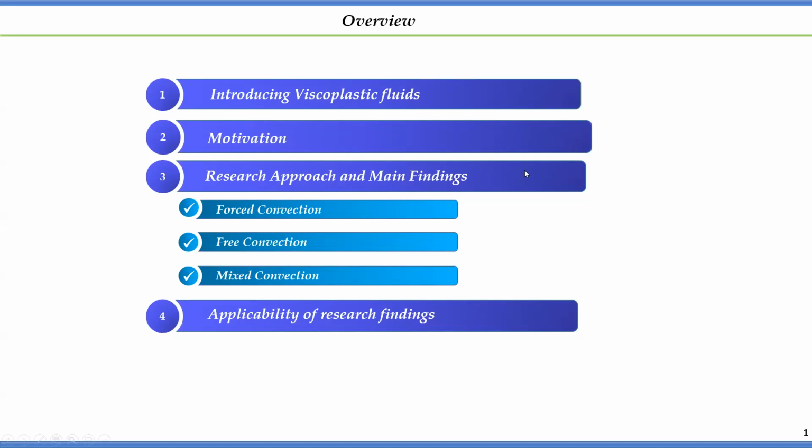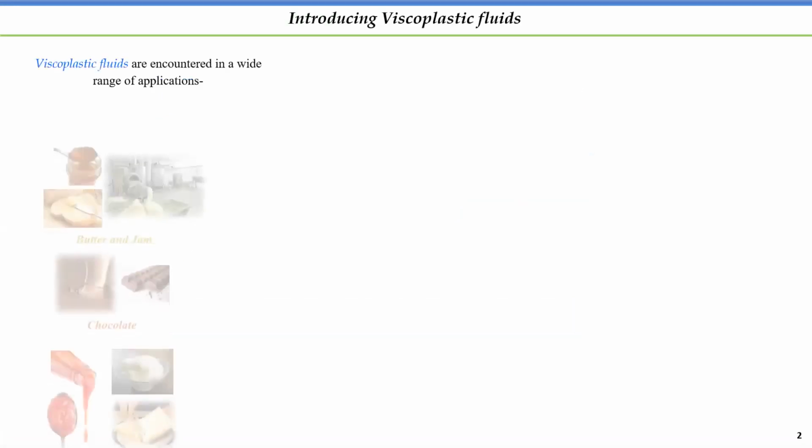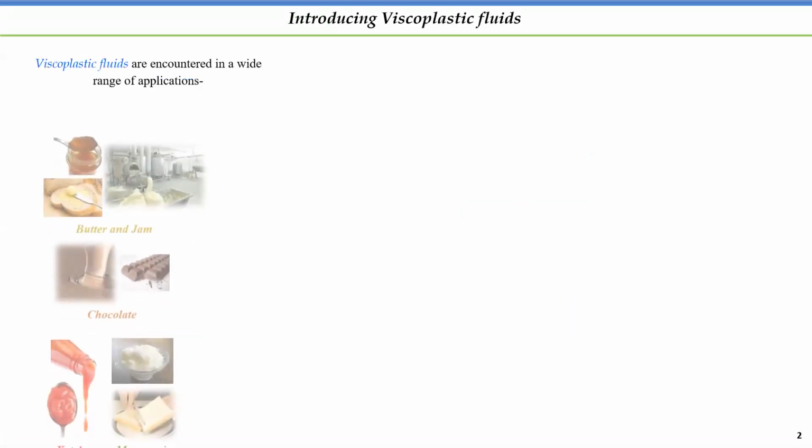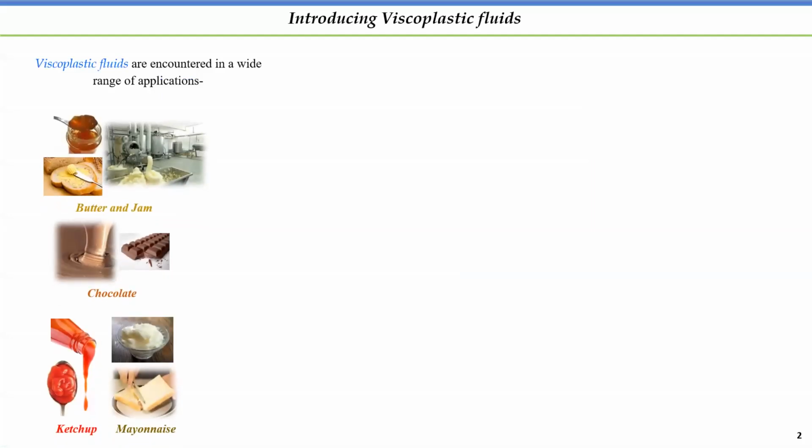So let us start by introducing our viscoplastic fluid, which is called a complex fluid. This is the type of fluid which is frequently encountered and experienced by you in day-to-day life, in nature and in industries.